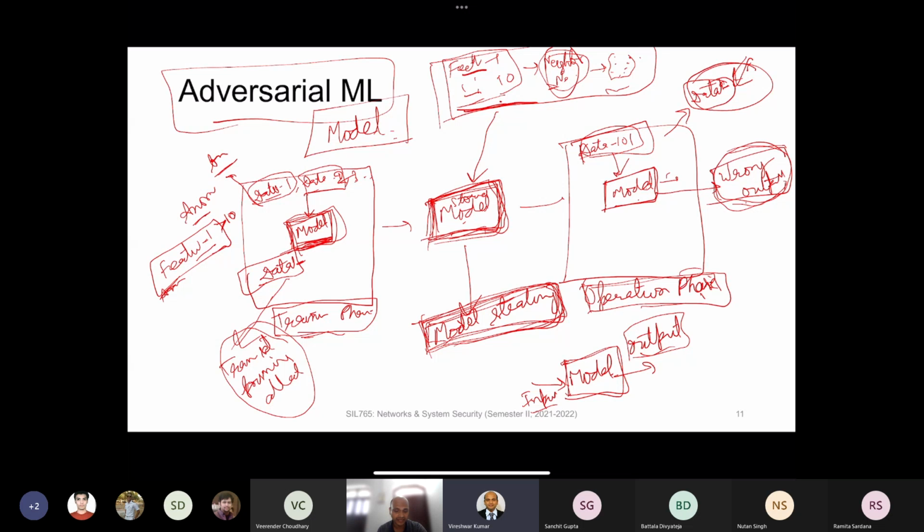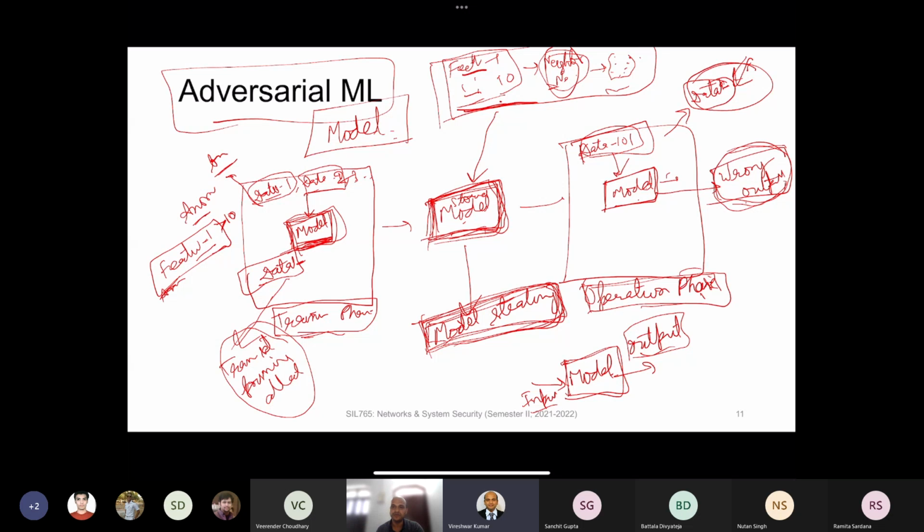Probably it will be clearer then, but what I'm trying to highlight is that there are different phases in a machine learning algorithm: the training phase, the operation phase, and a place where the model is stored. A variety of attacks can be launched on these phases or on the model itself, and they lead to different outcomes. In model stealing, the model is stolen.